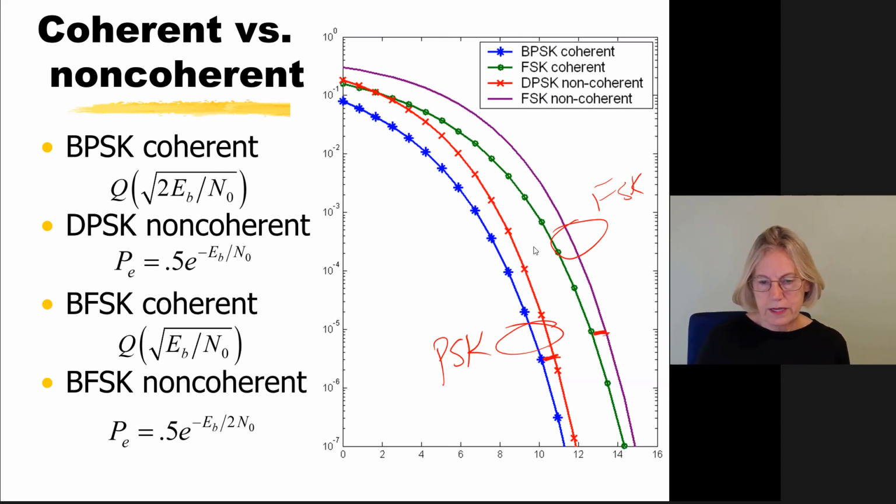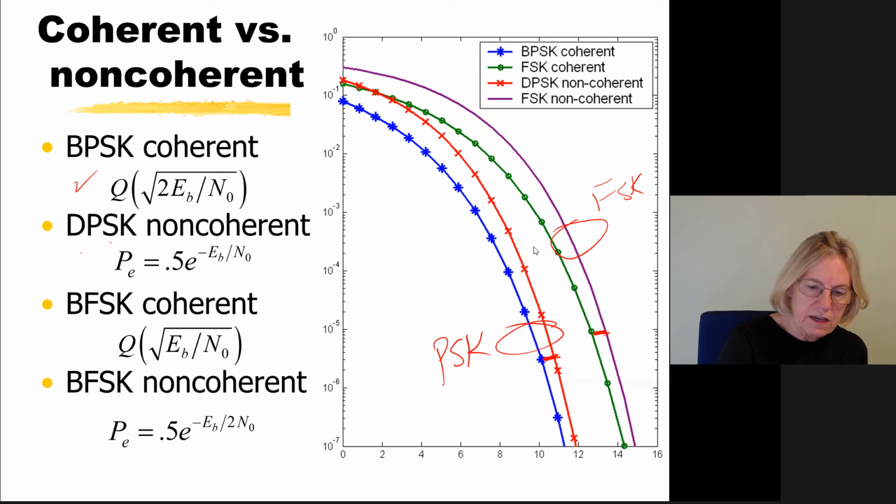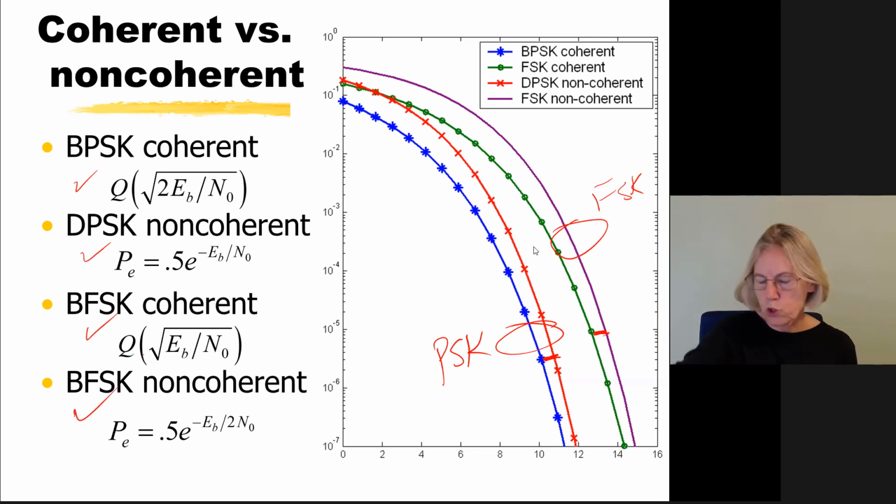And the PSK is antipodal signaling, and this is orthogonal signaling. So for binary, we know that the PSK is better. And here we have the equations, and you could go into MATLAB, for instance, and plot this Q function or plot this exponential, and you would get the curves that I've plotted here. That's exactly what I did in order to get these curves.